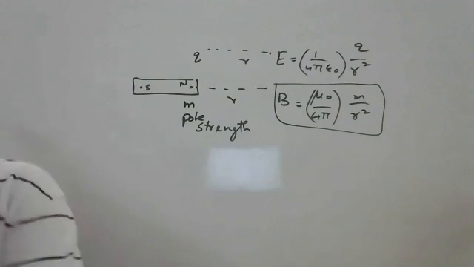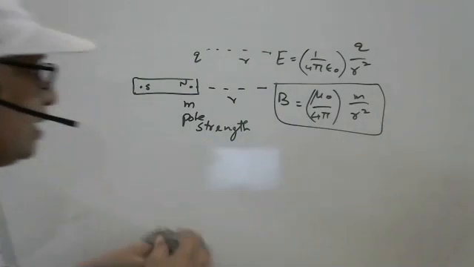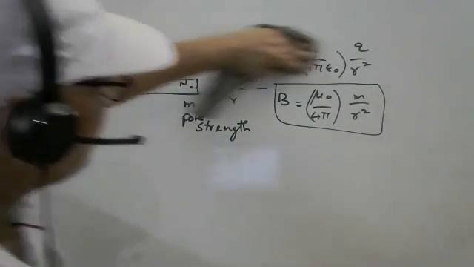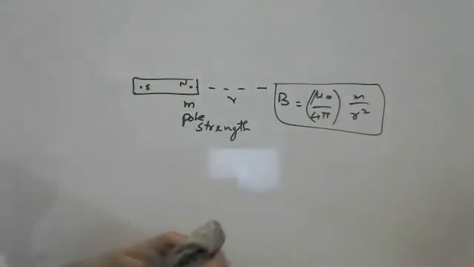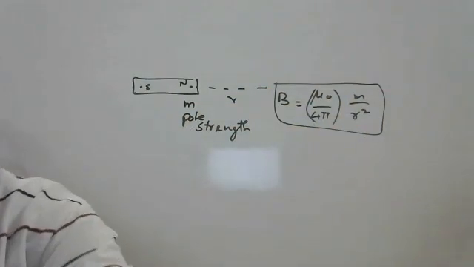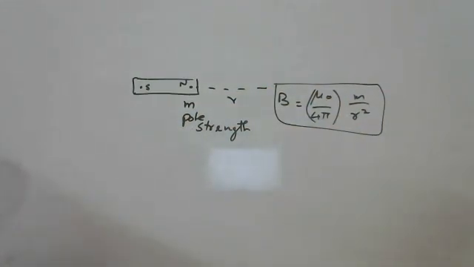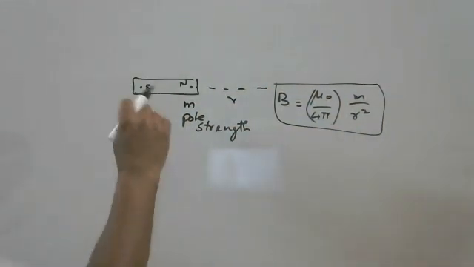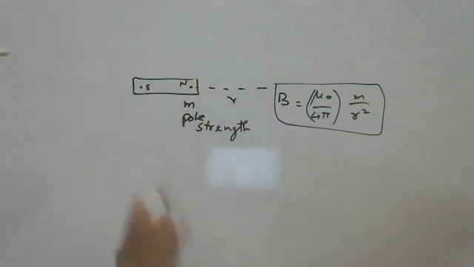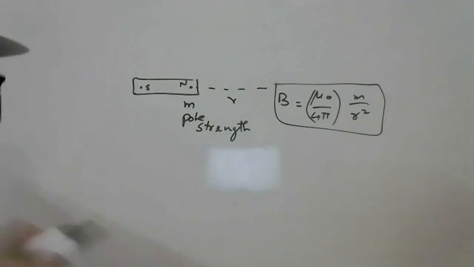So first of all, what is a magnet? This is the magnet, north pole and south pole. Let us see what is the property of the magnet. If a north pole and south pole are there, the pole strength must be the same.